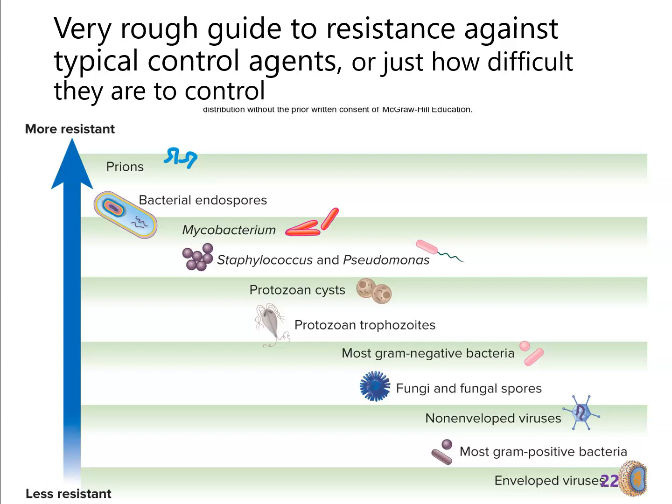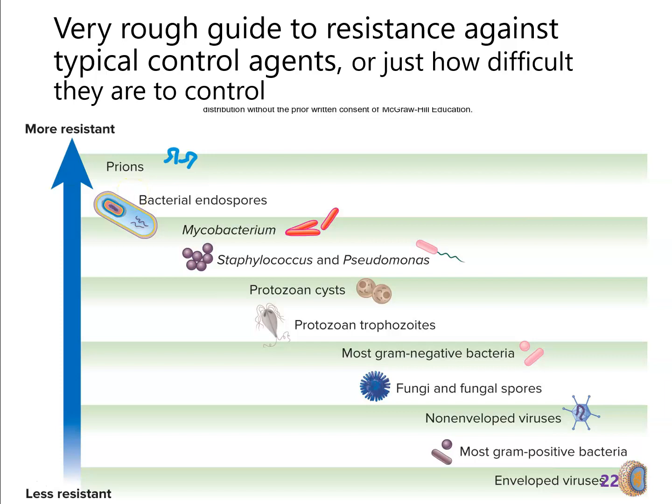But what this should be considered as is how challenging are these things to remove from the environment? How much do we have to think about? Do we remove these? So things like prions and endospores are hard to remove. So if we need to remove these from the environment, we need to use the toughest things.